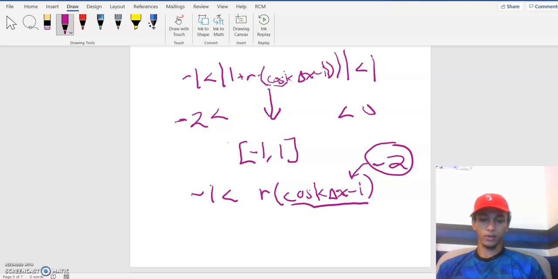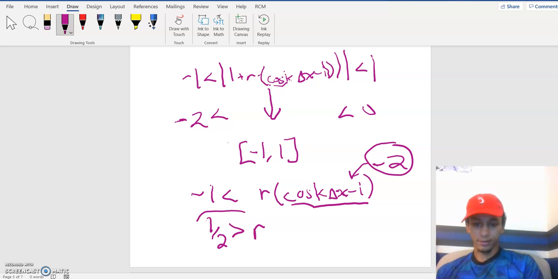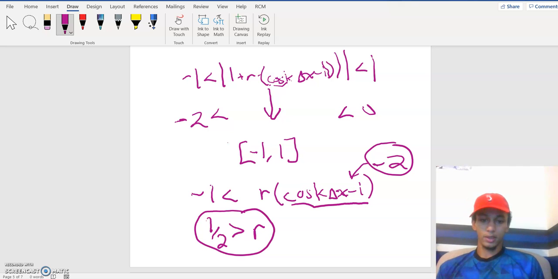And we know the smallest value sets the boundary limit so that we can determine stability. So we divide by 2, and change signs when dividing by a negative. We'll get a half. So r is less than a half, which sets the stability. And that is the Von Neumann stability analysis for this.